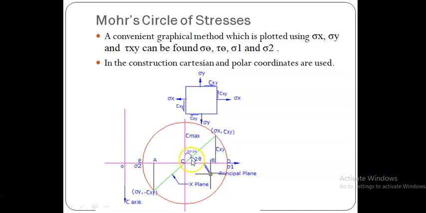Like that we can also find tau max. This is the tau max and this is the principal plane. As we know, this is 2 theta, and this is 90 minus 2 theta.